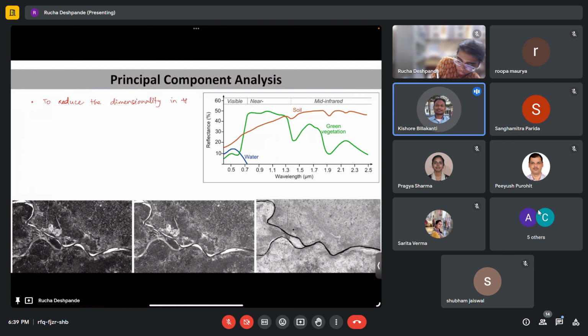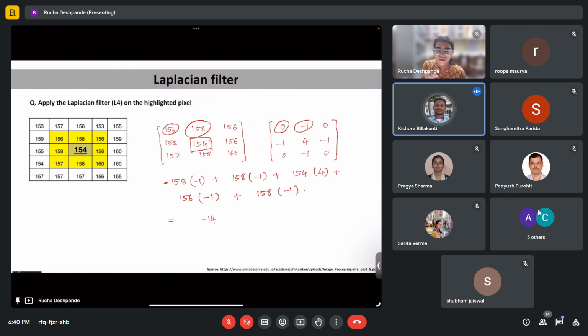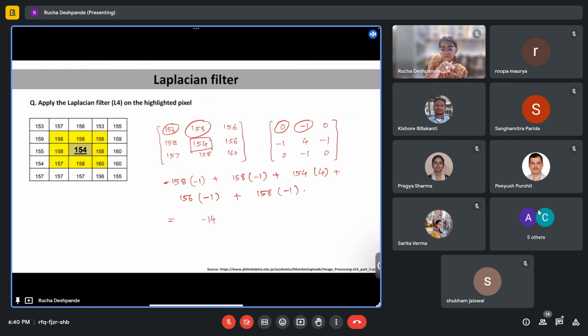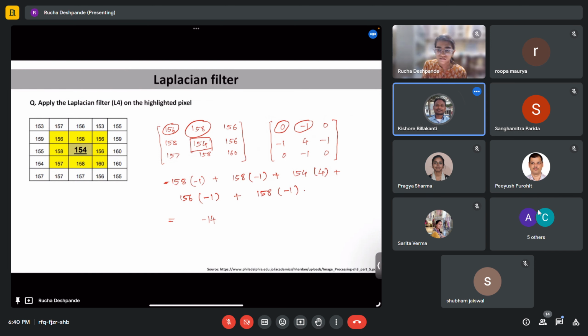Actually, is the answer after multiplying -60? Sorry, -40. So we should reduce -14 from each pixel? Yes, from the central pixel we will reduce it. Only the central pixel?